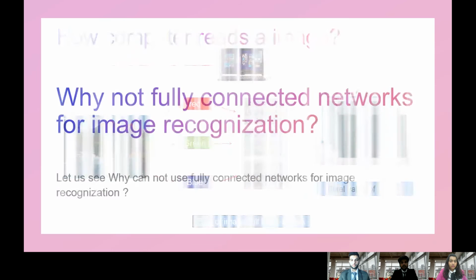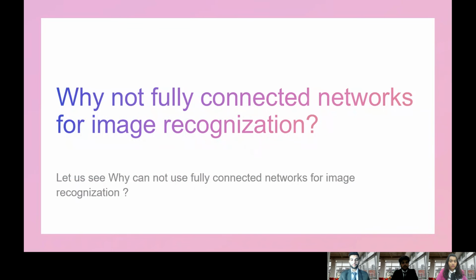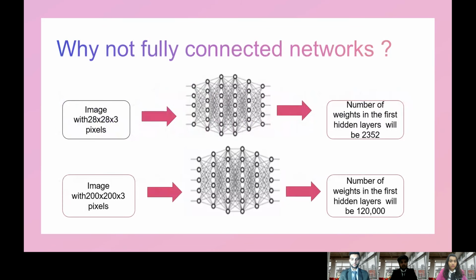Why not a fully connected network for image recognition? Let us see why we cannot use a fully connected network for image recognition. Consider an image which has 28 into 28 into 3 pixels. The total number of weights required in the first hidden layer will be 2352. But in real life, images are not that small.